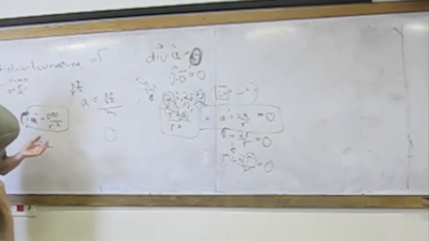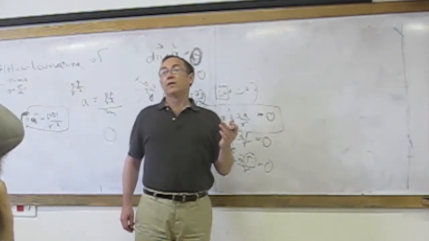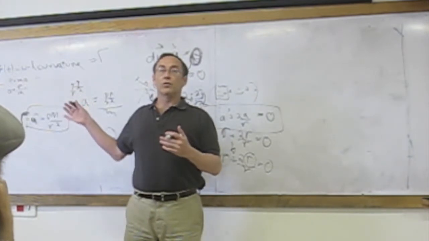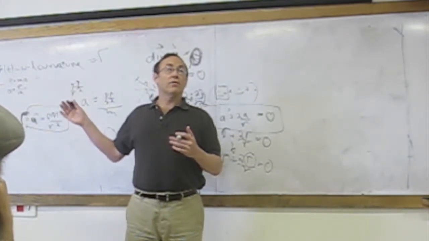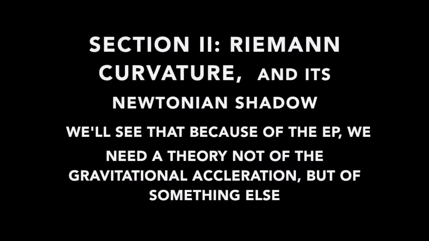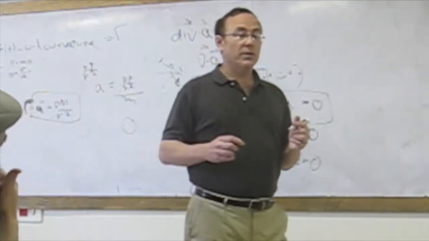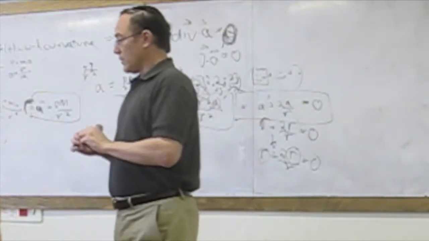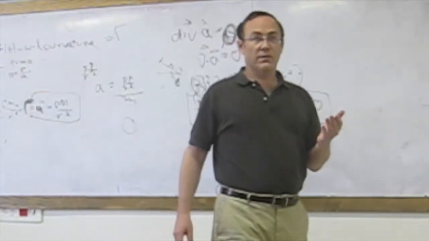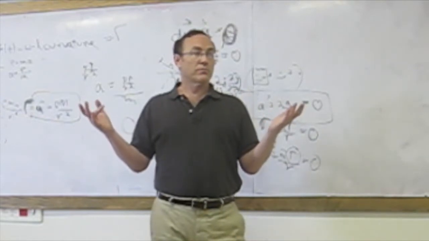Okay. Now, there's a problem with this development, and the problem is really based on the very fundamental aspect which we started with, namely the equivalence principle. Okay? The equivalence principle tells us that as a particle is falling freely in its own frame, there is no acceleration.